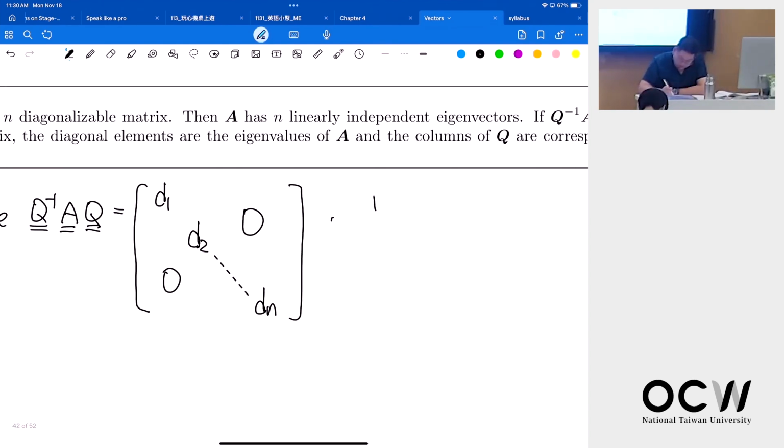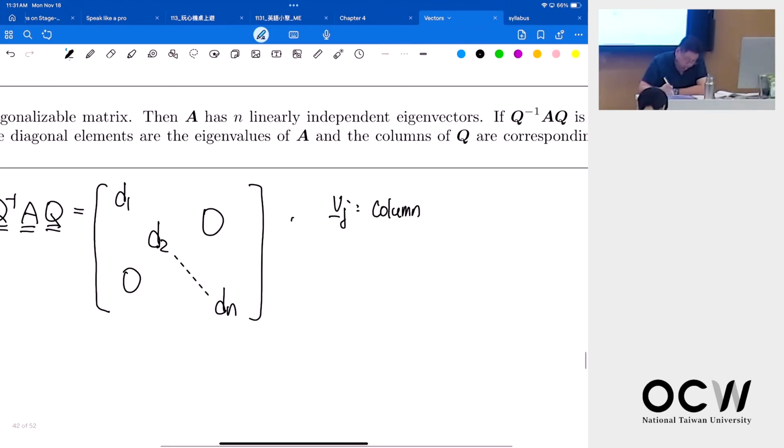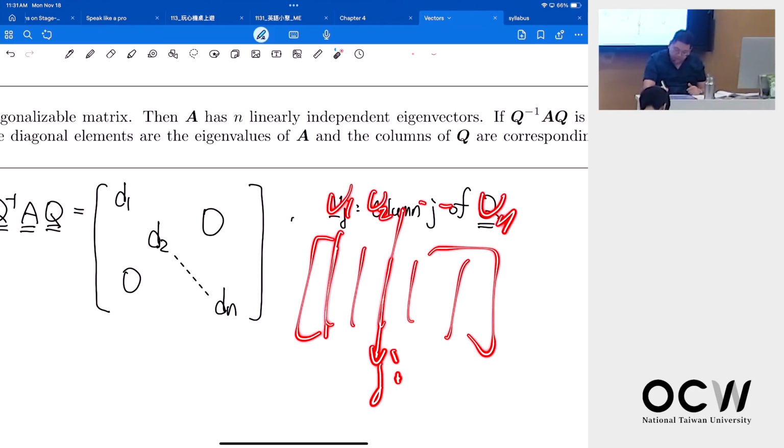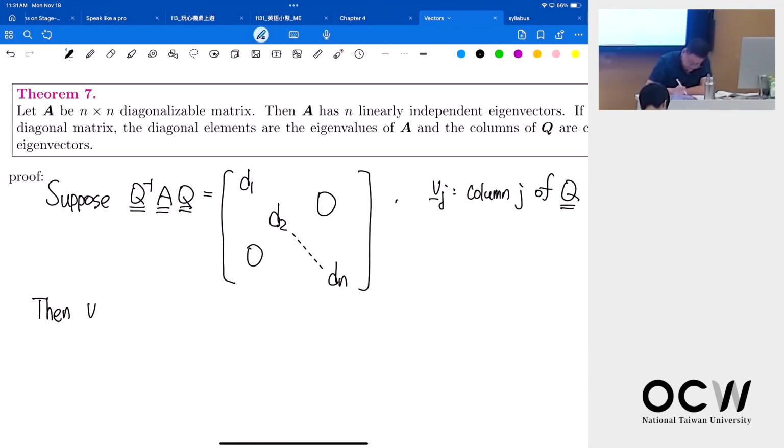And also Vj is column j of the matrix Q. So now I have V1, V2 to Vn, and those are linearly independent.